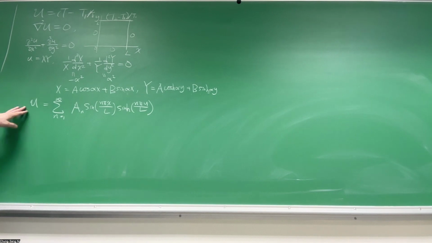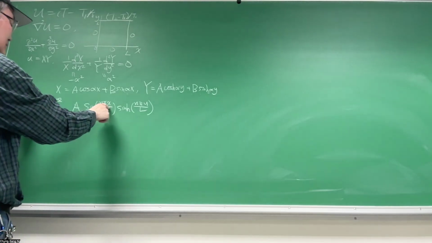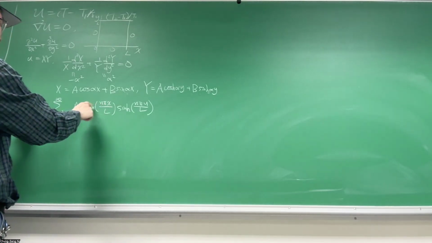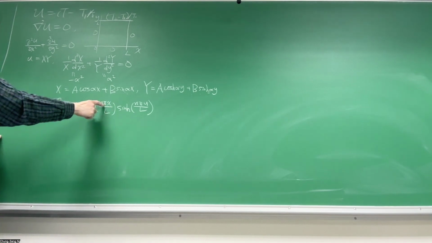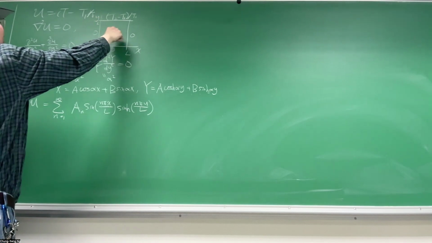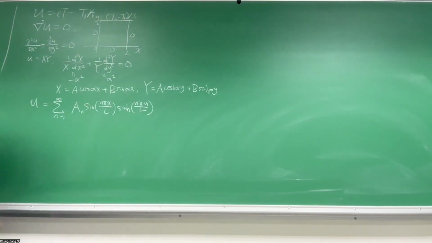Right, so that's the general form, right? You got this, something like that? Yeah, you need a pi. You need a pi, because you have sine n pi, right? At x equals L, you need sine n pi to make sure that this is 0, right?